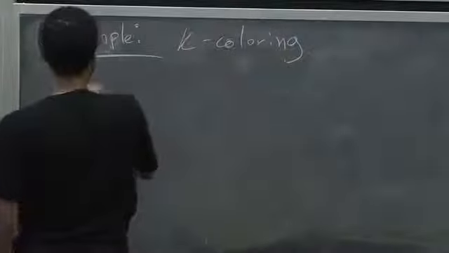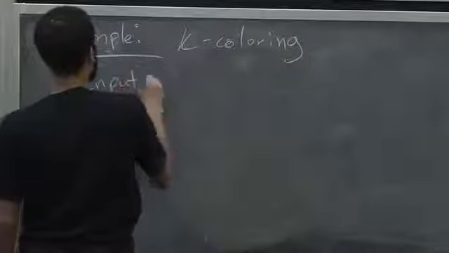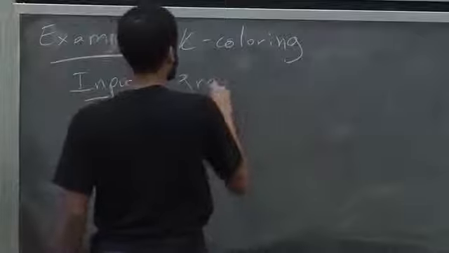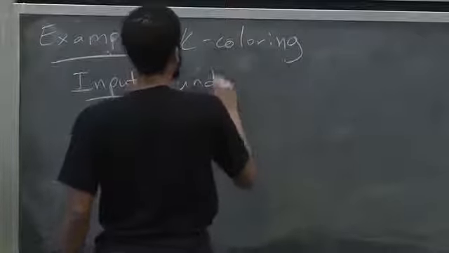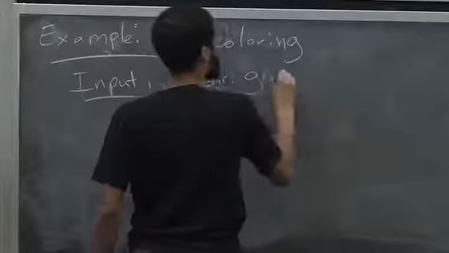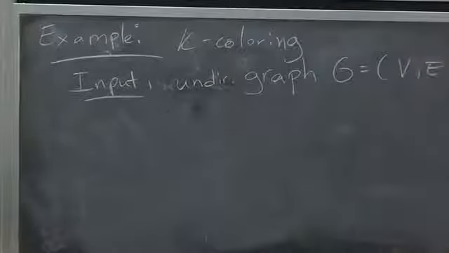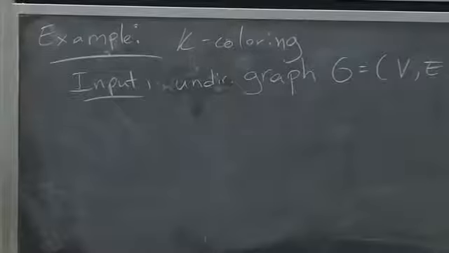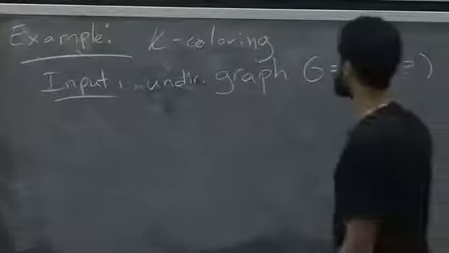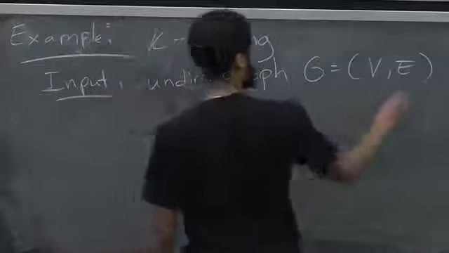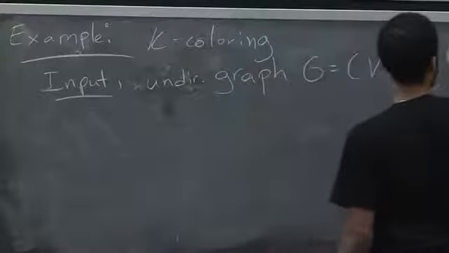The input is an undirected graph G = (V, E). Let's say the size of V is n, the size of E is m.